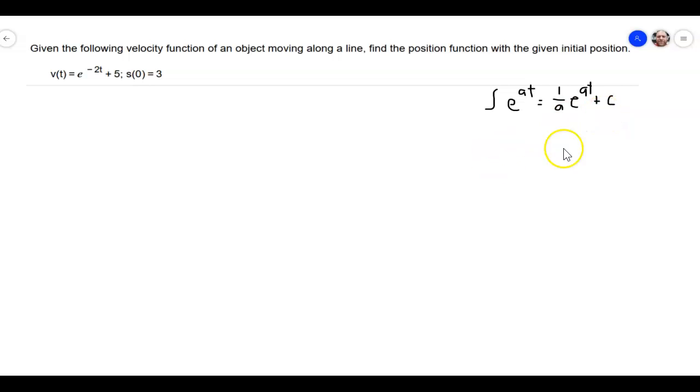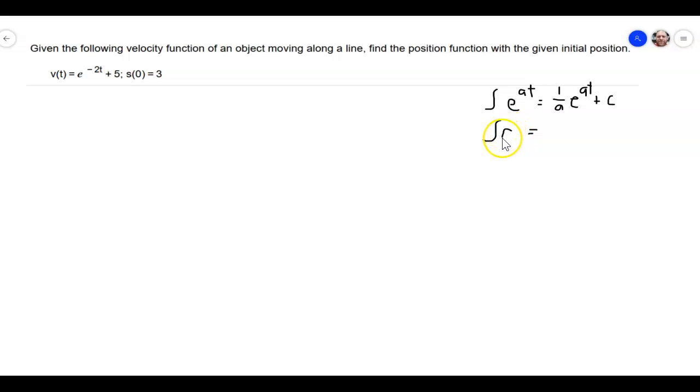All right, and then how do we find the antiderivative of just some constant? Let's call it a.